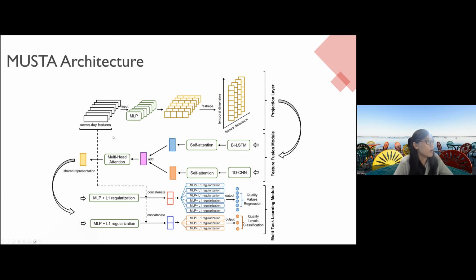And then we take the final extracted features and go through two branches. One is a regression branch, where we want to estimate the quality values as we have different quality values.